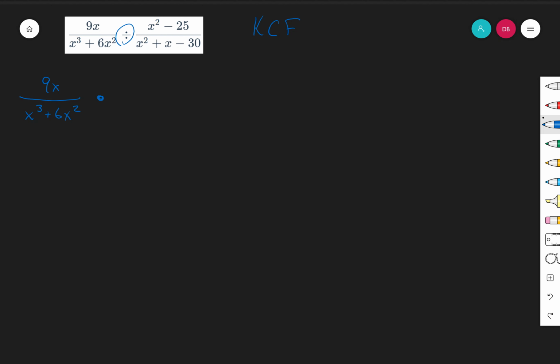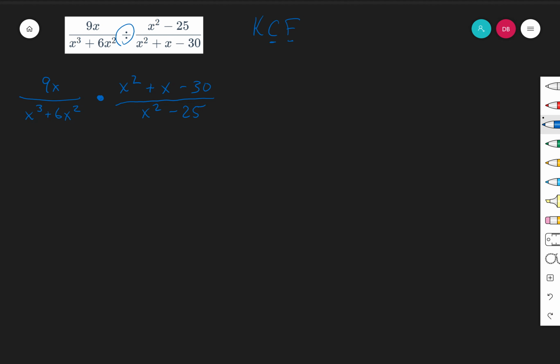Change the division to multiplication, that's our C, and then flip the second expression. So our second expression will be x squared plus x minus 30 over x squared minus 25.